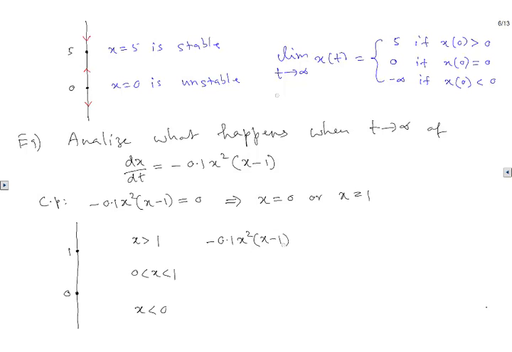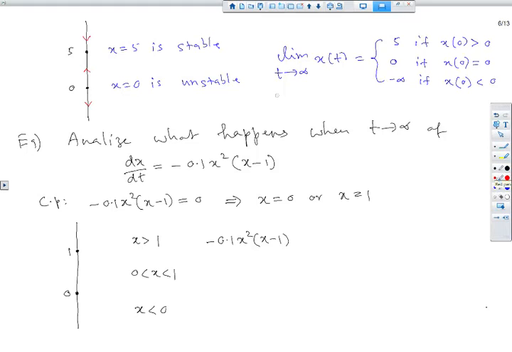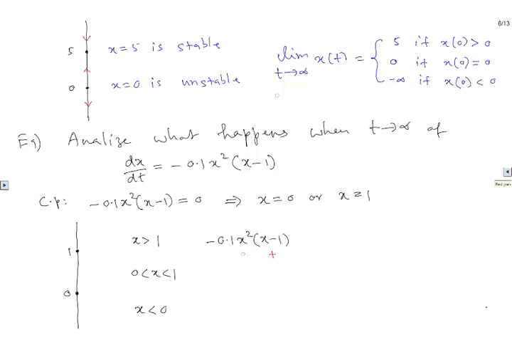If you pick a value larger than 1, this is going to be plus, this is automatically plus. So it is plus plus with a minus sign, so it's going to be negative. That means dx over dt is negative, so x is going to go down. So for this region we have a down arrow.